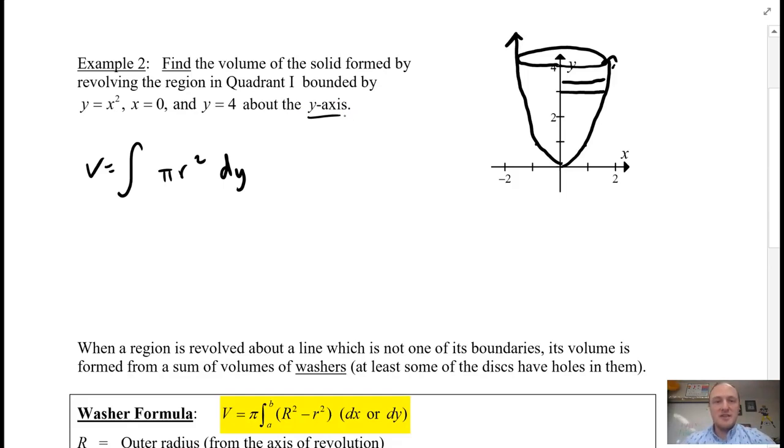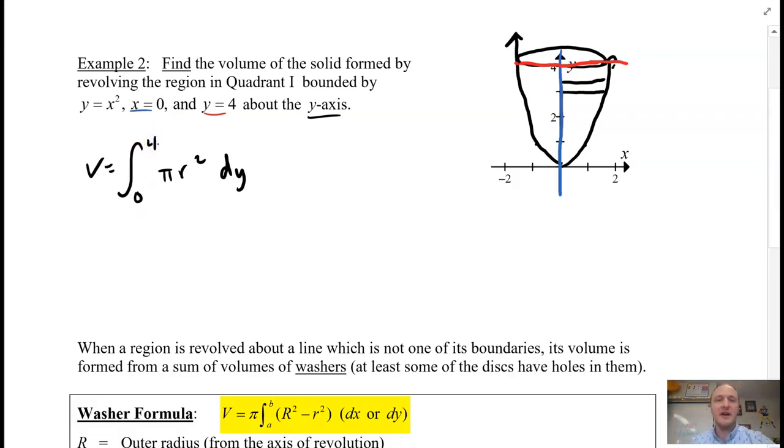Notice here that they say y equals x squared, x equals 0, which is this line here, and y equals 4. So I have my bounds here, and my bounds for my integral will be 0 to 4.